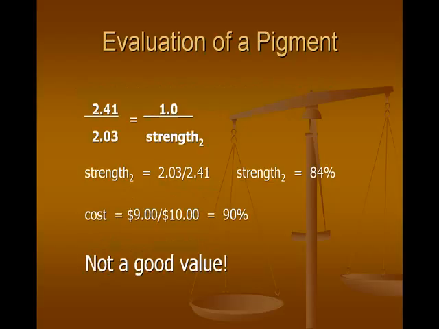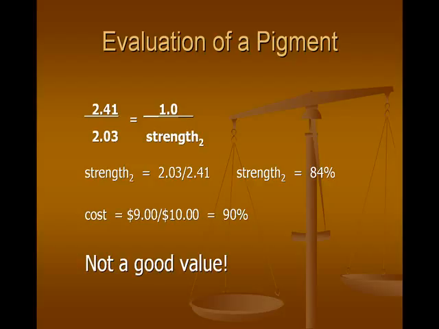We can cross multiply: 2.41 times the strength of number 2 equals 2.03 times 1, or rearranging, the strength of pigment number 2 equals 2.03 divided by 2.41. Divide that out, and we see that the strength of number 2 is 84% as strong as pigment number 1.